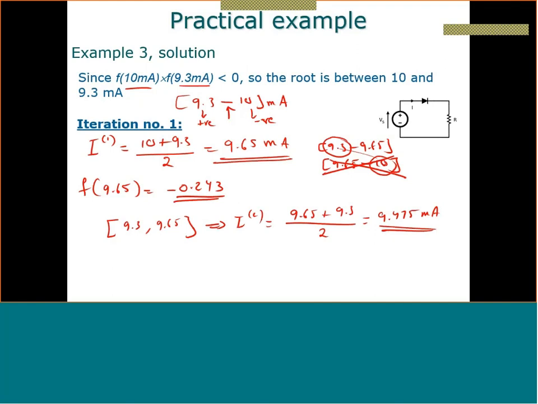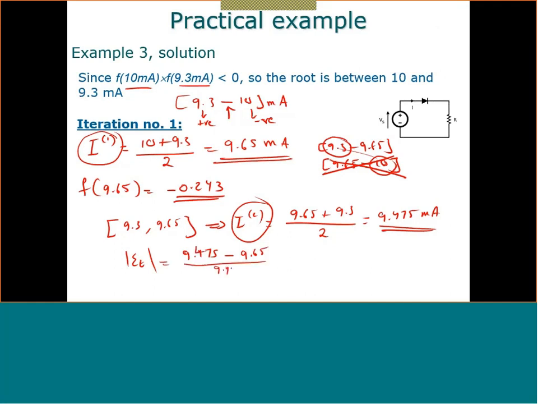Since I have now two solutions, the current and the previous one, I want to find the relative approximate absolute error, which is 9.475 minus the previous answer, which is 9.65, divided by 9.475 times 100. This is equal to the error, which is 1.84%.